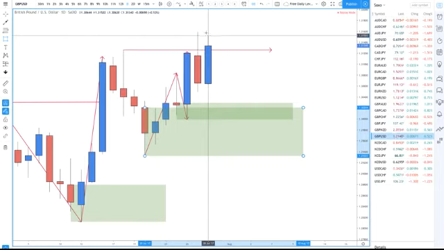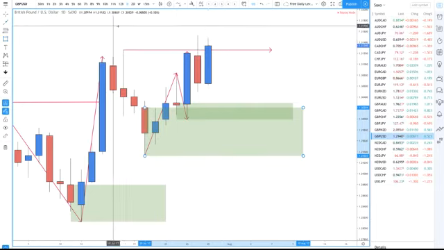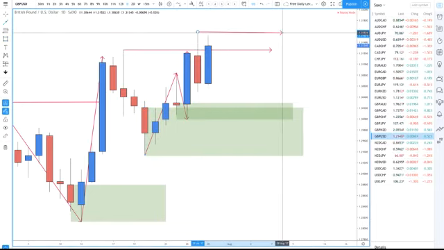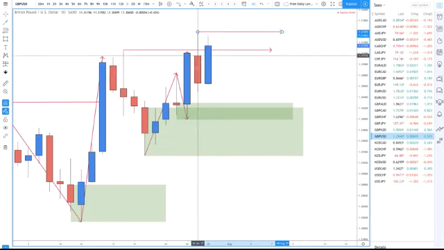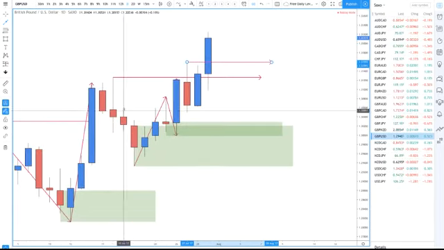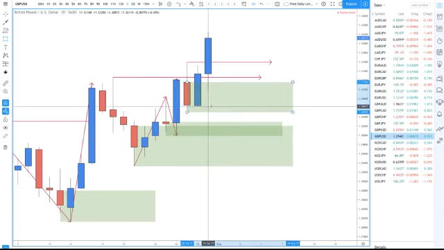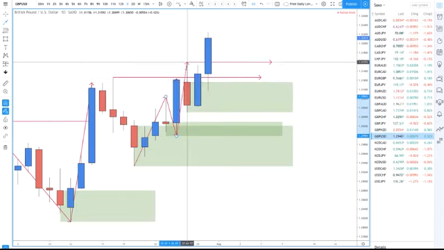So until prices now go above here, I can't draw a demand zone until prices go above there, and they do. And then we can start to draw that there, because now this becomes high, pull back, high, like that.